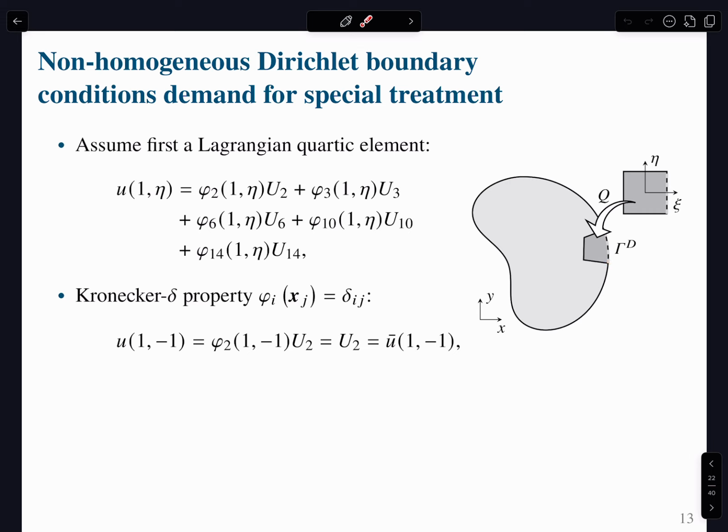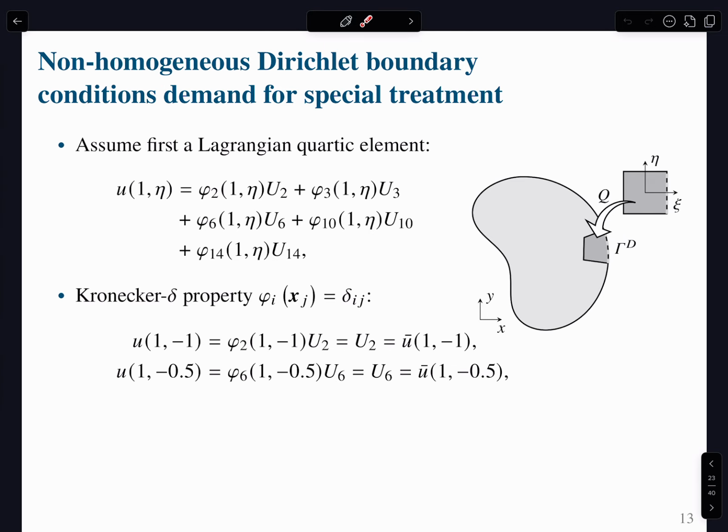So essentially, the degree of freedom, I can just prescribe the value. And this is the beauty of Lagrangian elements, that the fact that they have this Kronecker delta property, it is very, very easy to prescribe your non-essential Dirichlet degrees of freedom, right?